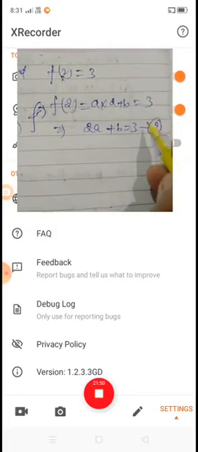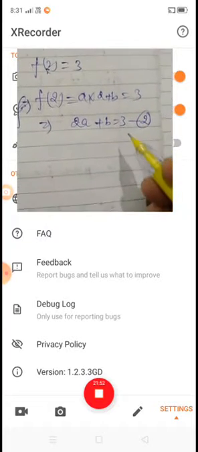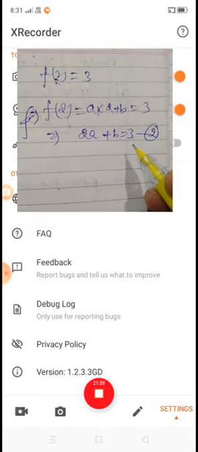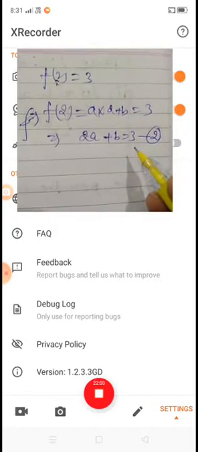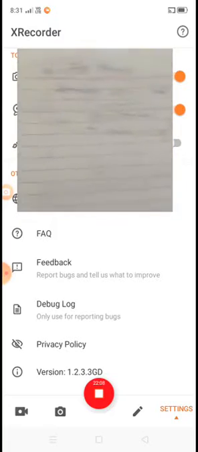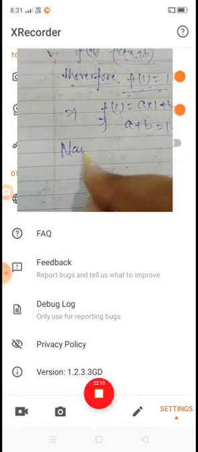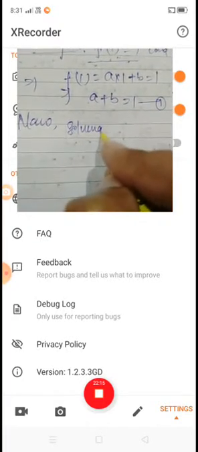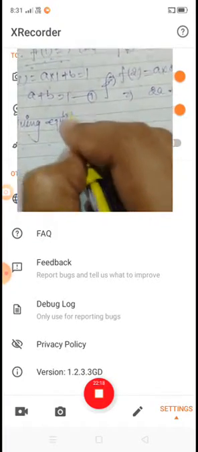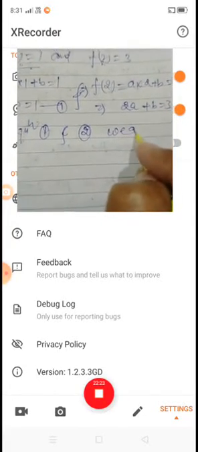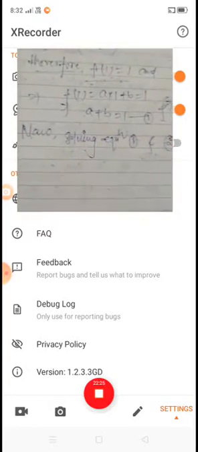Take it as equation 2. Now solving equation 1 and 2, we get what?